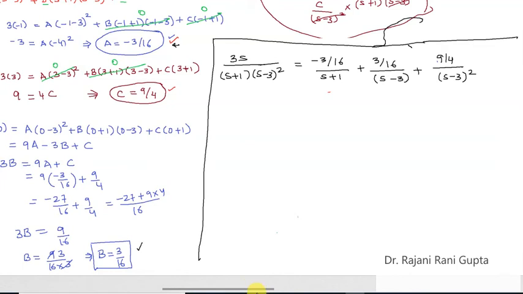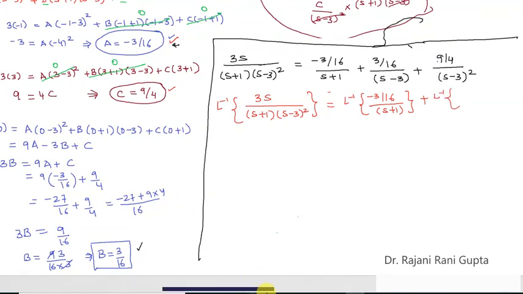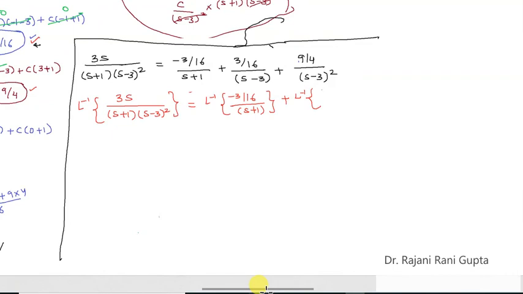Now next is applying the inverse Laplace transform. So when we apply Laplace inverse on both sides, the Laplace inverse of 3s over (s plus 1)(s minus 3) power 2 is the same as finding the inverse Laplace transform of minus 3 over 16 times (s plus 1), plus Laplace inverse of 3 over 16 times (s minus 3), plus Laplace inverse of 9 over 4 times (s minus 3) power 2.